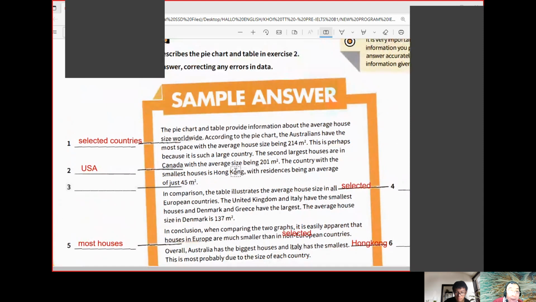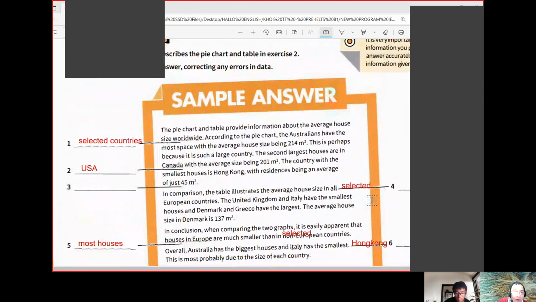The writer did not commit any errors in data, because the data, 214 square meters, 201 square meters, 137 square meters, are all accurate. She wasn't able to commit any errors with the spelling or punctuation. It's intact, but should not have included opinions.